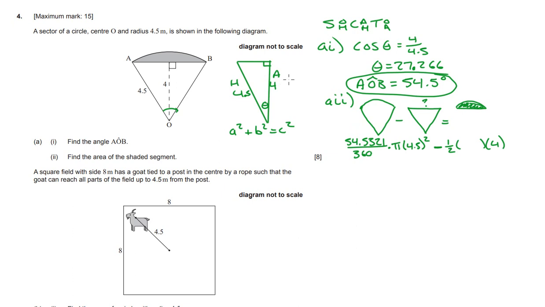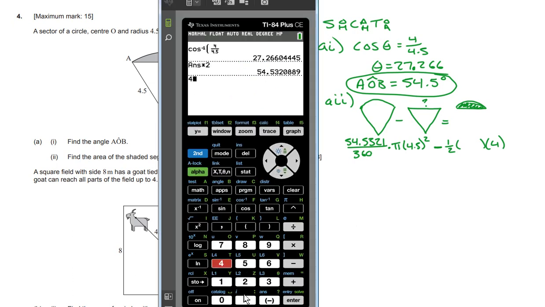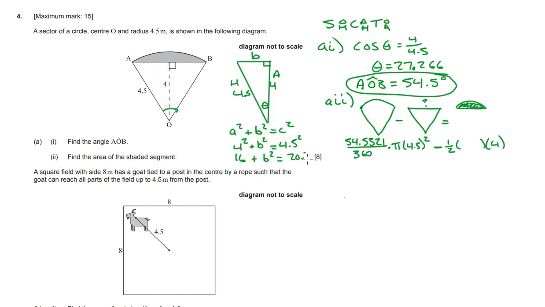Right? So in this case, as long as we use the 4.5 for our c squared, a and b can be, we know that one of those has got to be 4, and the other one we'll call b for base. So we get 16 plus b squared equals whatever 4.5 squared is, and that gives us 20.25, right?